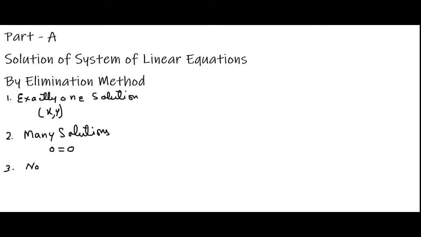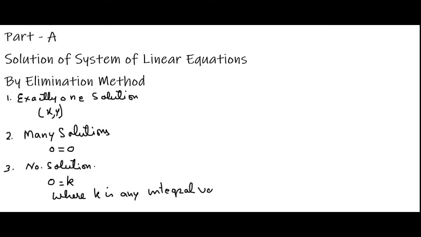no solution. In this we cannot solve the given system of linear equations, hence we get no solution, and the result will be of the form 0 is equal to k, where k is any integral value.